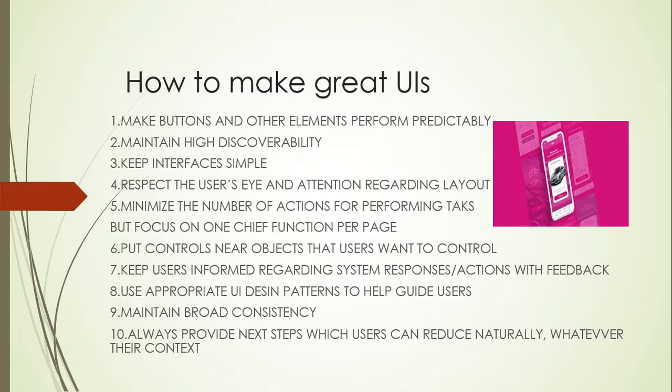In a shopping site, we have to put the add to cart button nearby. If I want to buy that product, the buy button should be there. The number of products should also be shown near that object, so that they will easily add those things.